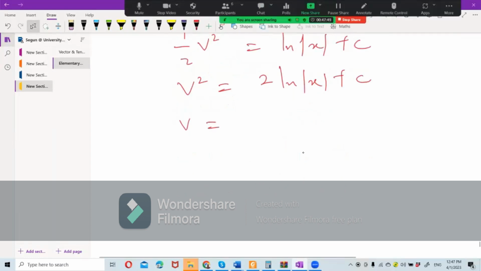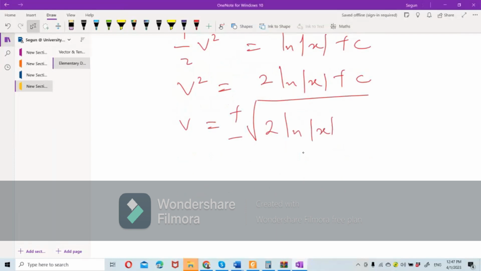My v is equals to the square root of both sides, so I have plus or minus square root of 2 ln x plus c. At the end of the day, you recall your v is y over x.